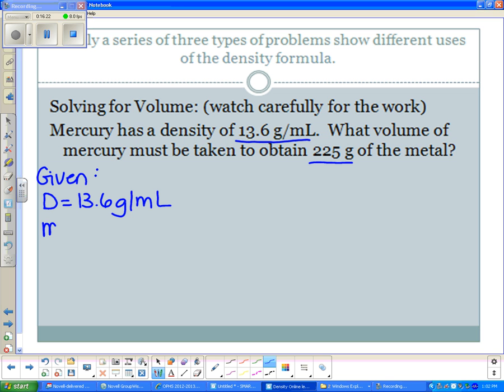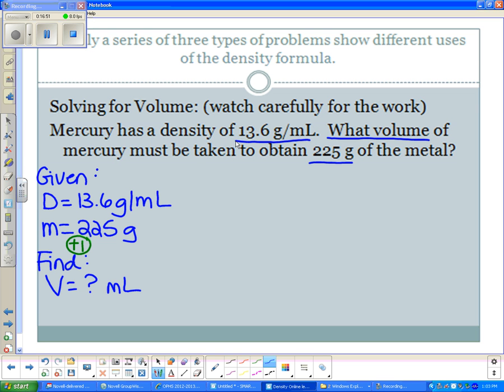And we have our mass, which is 225 grams. This time our find is going to be what volume of mercury would we need? So we're looking for volume, question mark, that's going to be in milliliters. And remember, once again, you show this work, you get 1 point.